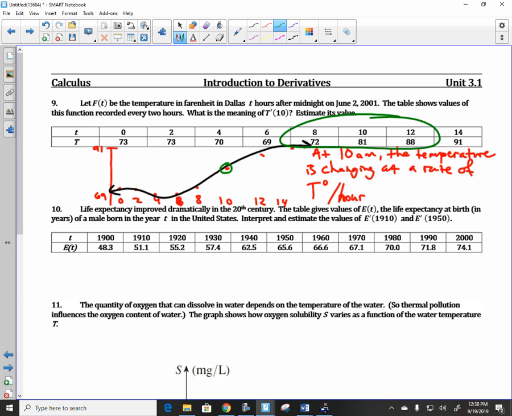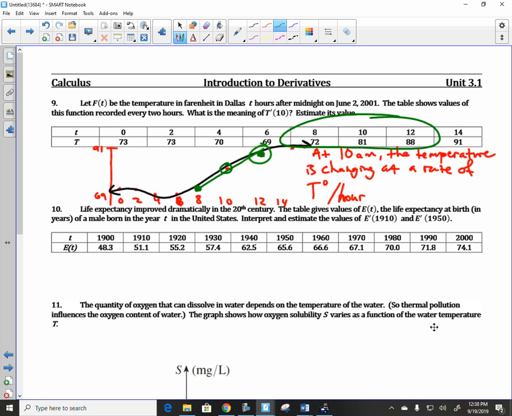Now, here's one other way to think of it, folks. If I want to estimate the slope of the tangent line here, sometimes a great option is to consider the slope of the 2 points that exist around it. So I'm going to consider the slope of that line. Would you agree that the slope of the line connecting these 2 points estimates the slope at that point right there? So let's do it. What's y sub 2 there?